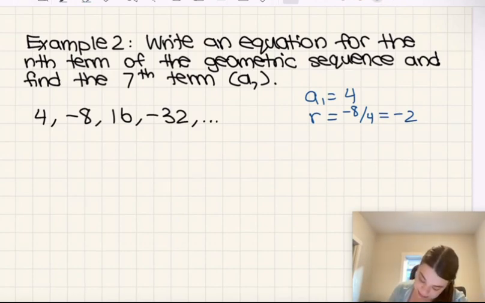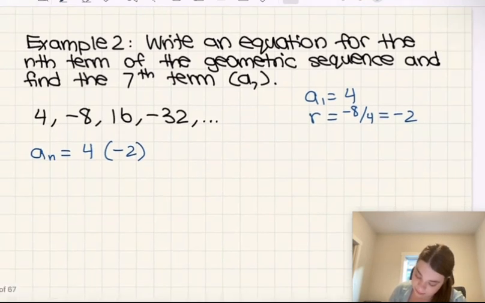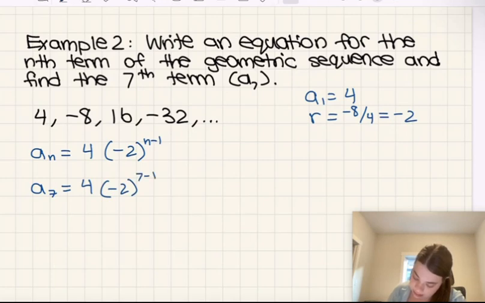Okay, so the answer is a of n is equal to a1 times negative 2 to the power of n minus 1, like that. And then we need to find the seventh term. a7 is equal to 4 times negative 2 to the power of 7 minus 1, which is 4 times negative 2 to the power of 6.